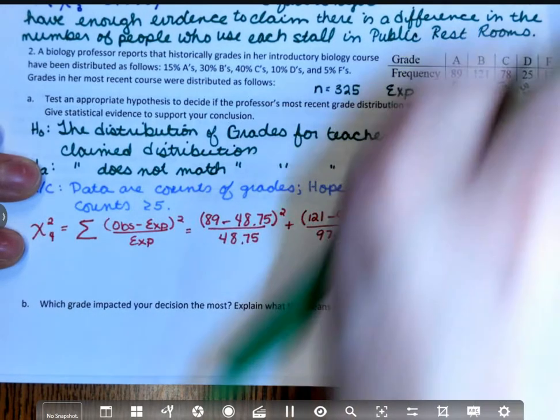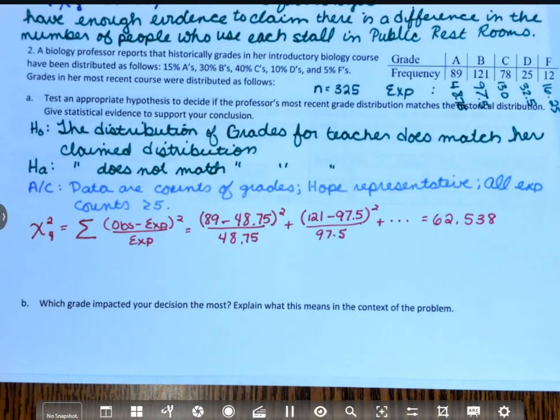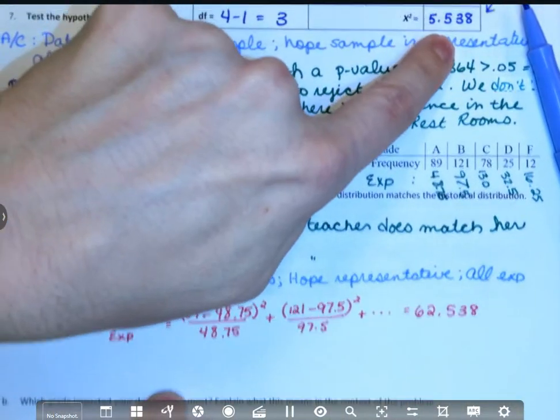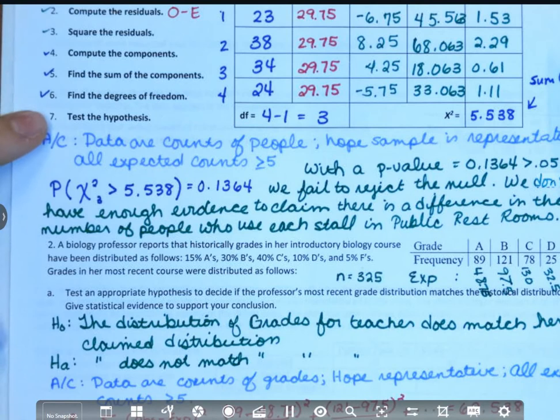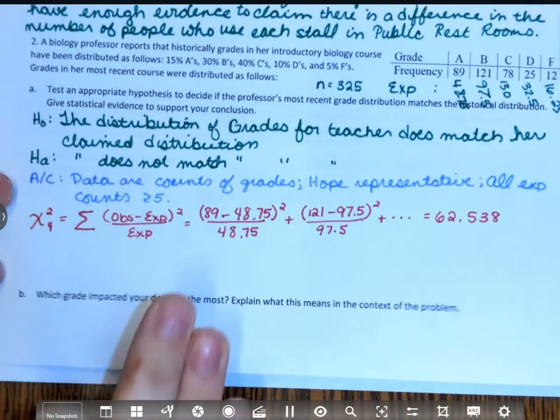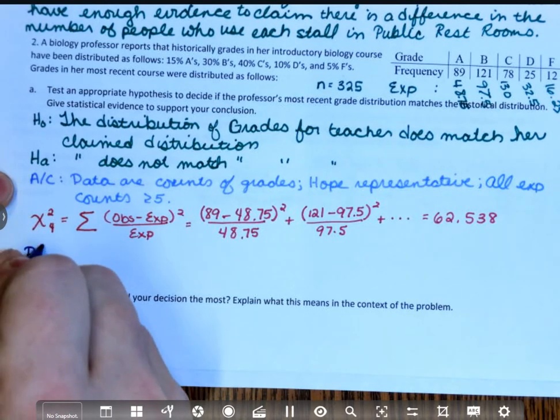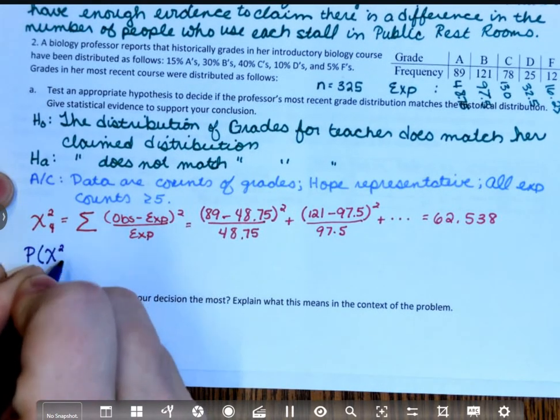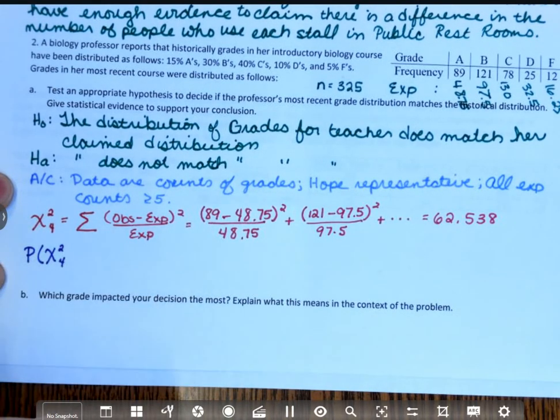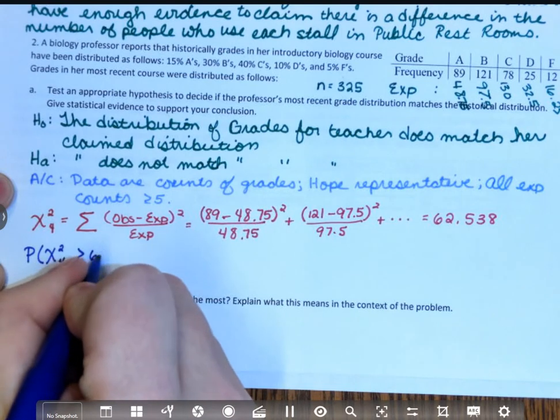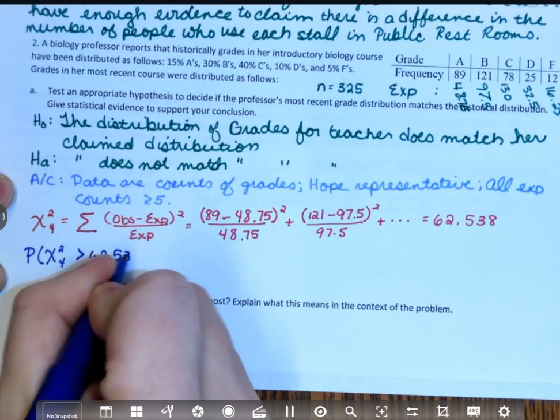And then I'm going to find what? After we found chi-squared, what did we do? How do we test the hypothesis? Probability of getting a chi-squared with 4 degrees of freedom that is greater than the 62.538.